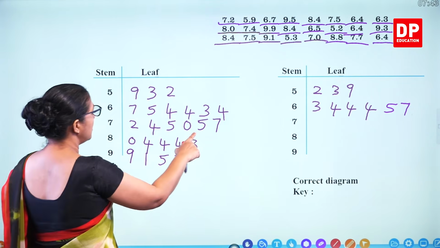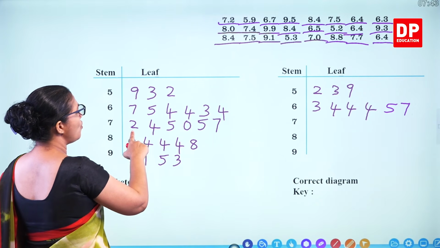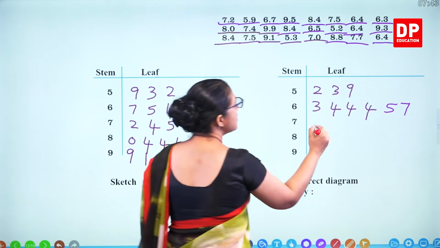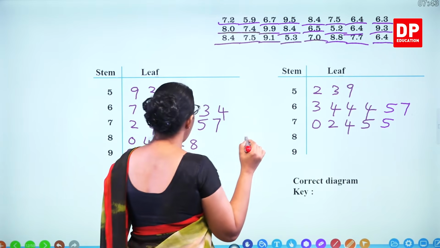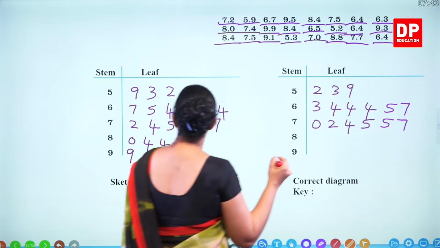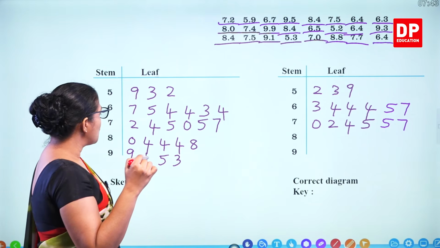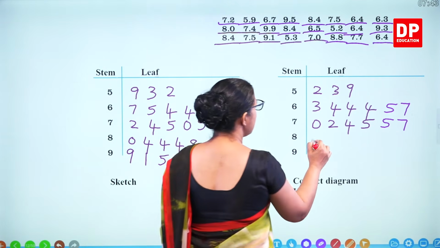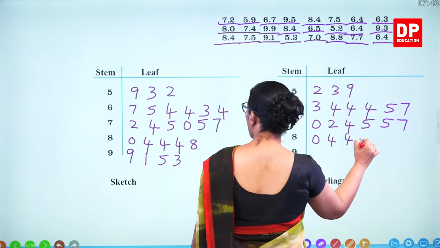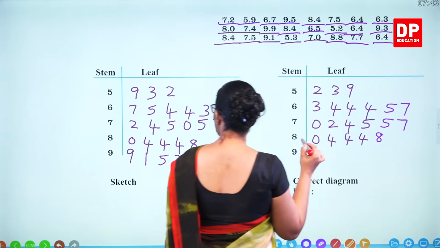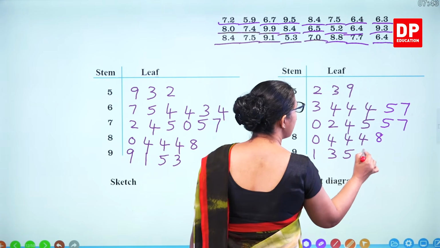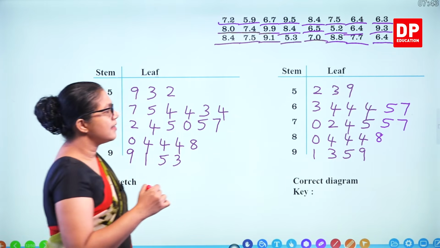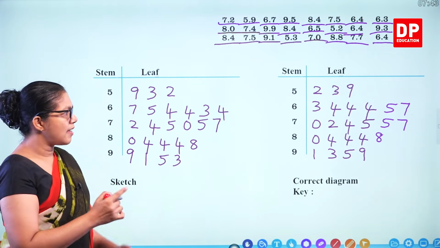This one in ascending order is 0, 2, 4, 5, 5, 7. This one is already in ascending order: 0, 4, 4, 4, 8. And this one, 1, 3, 5, 9. That's in ascending order. So that's the correct diagram.